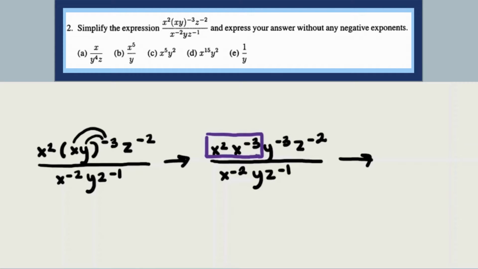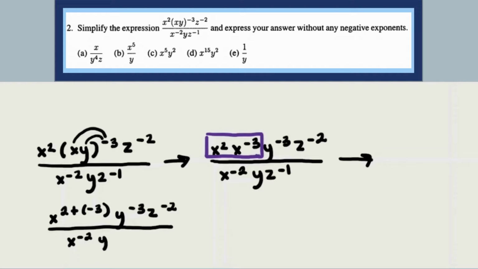So this is the same thing as saying x to the 2 plus a negative 3 times y to the negative 3 times z to the negative 2 all over x to the negative 2 times y times z to the negative 1.